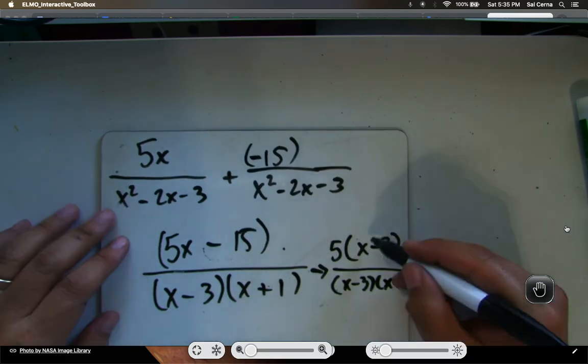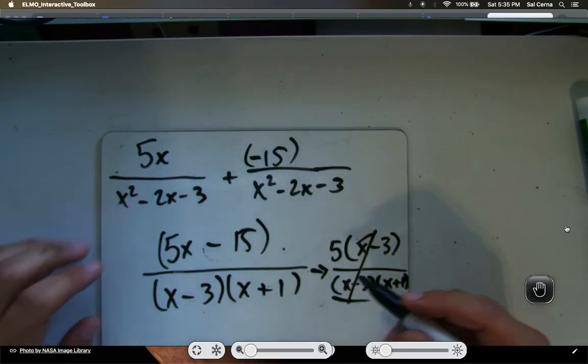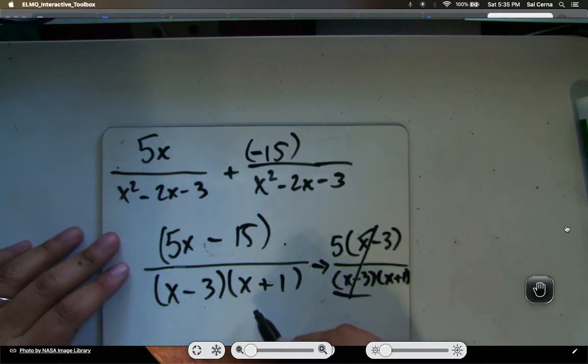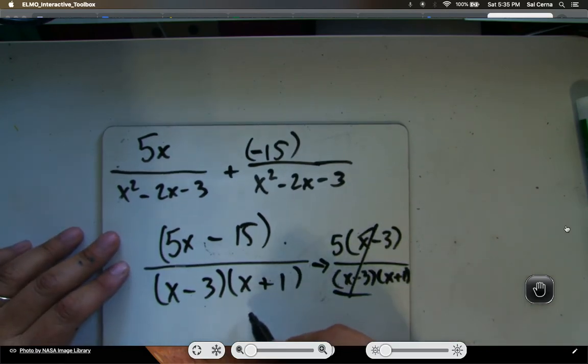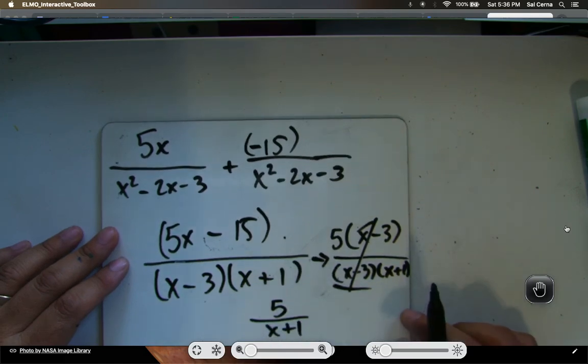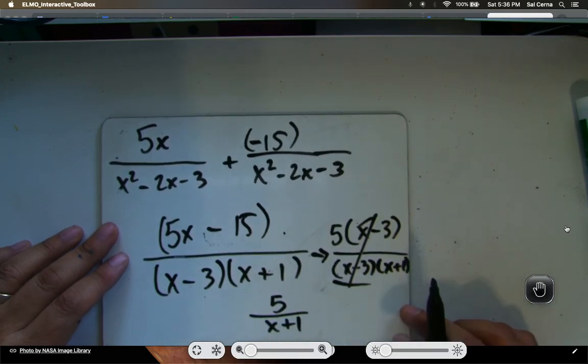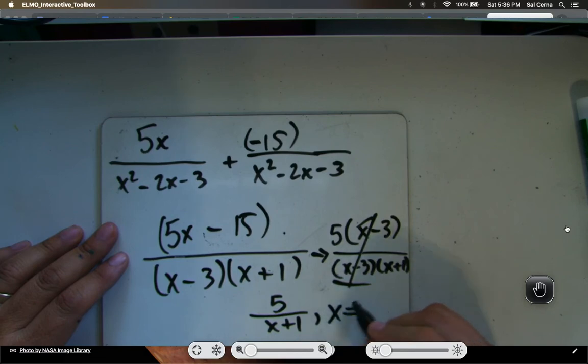Giant ones right there. My final answer is 5 divided by x plus 1, where x cannot equal 3 and negative 1.